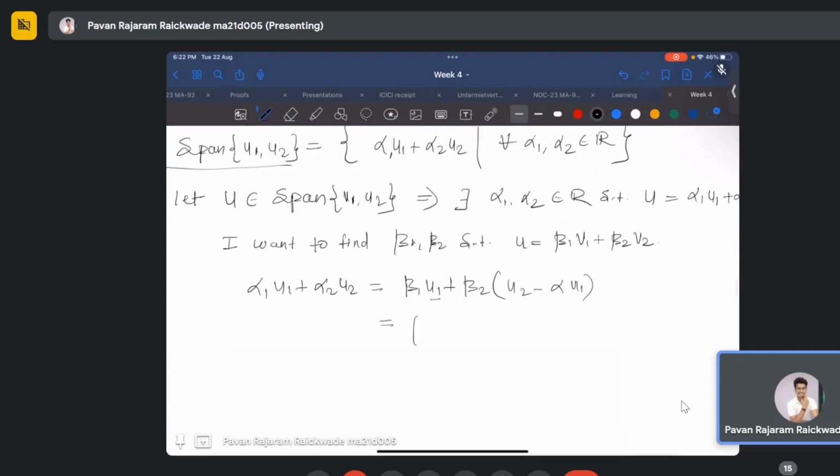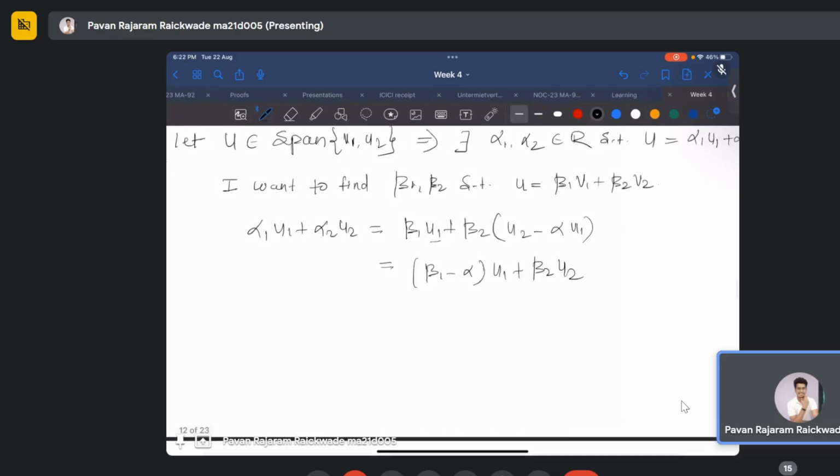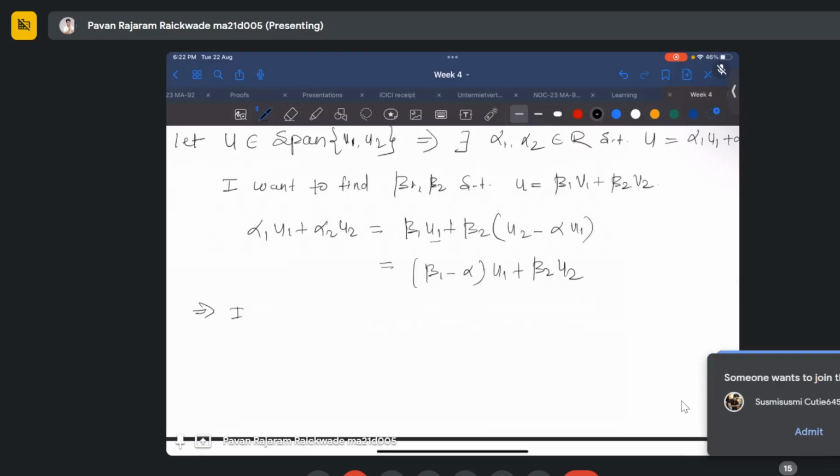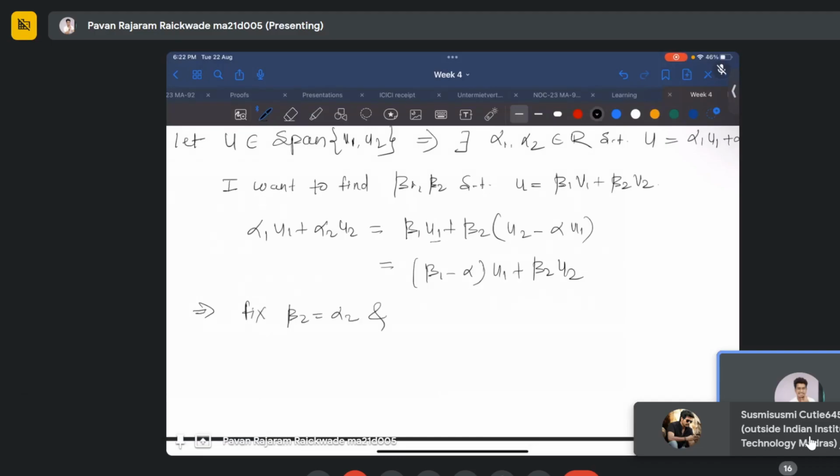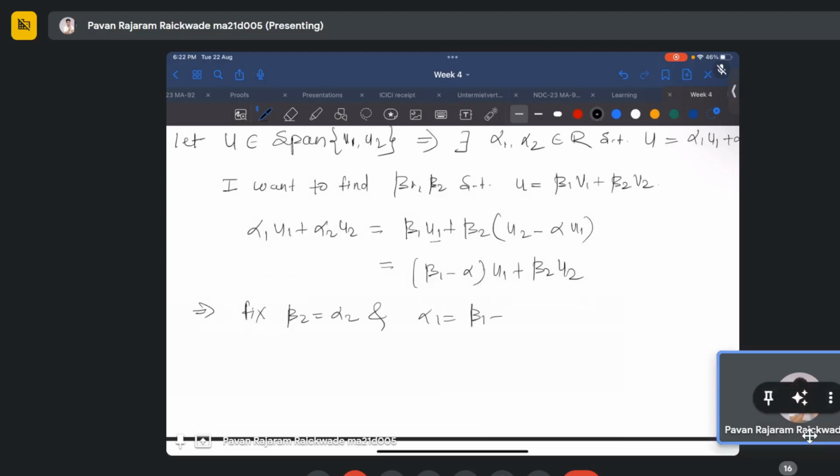I'll get beta 1 minus alpha times U1 plus beta 2 U2. So by comparing, I will fix beta 2 as alpha 2 and alpha 1 will be the same as beta 1 minus alpha, that is, beta 1 equals alpha 1 plus alpha, right?